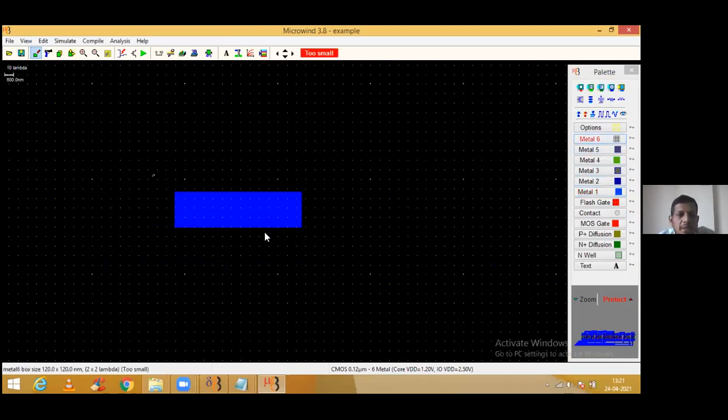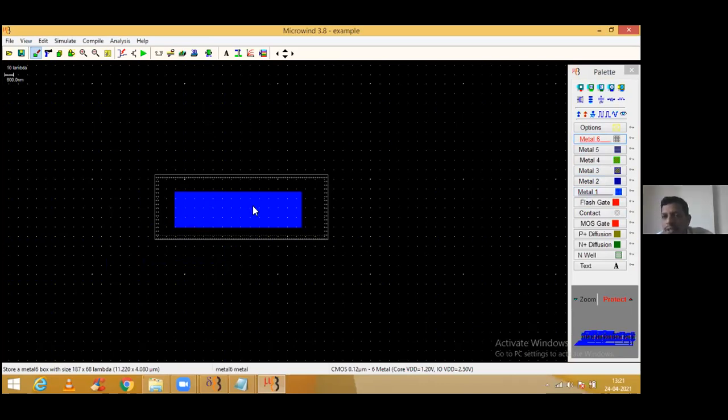How do I use metal 6 directly? I'm usually coming across that type of question: metal 1, I'm comfortable using, but I don't want to use 2, 3, 4, 5. I want to use only metal 6. So is it feasible? And if I'm going to use metal 6, what design changes come into the picture?